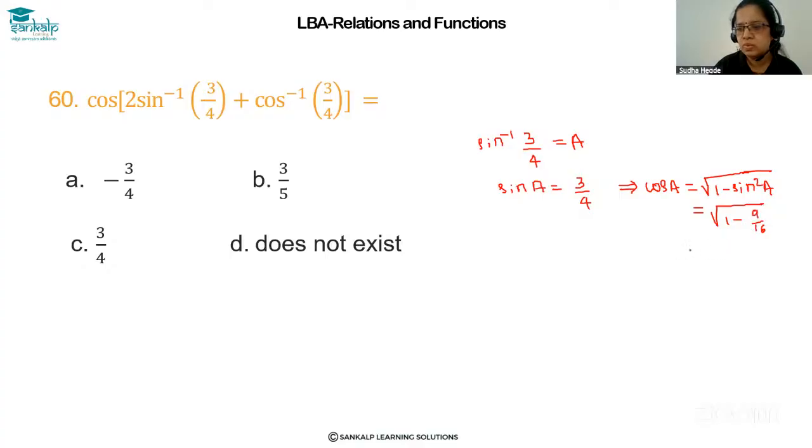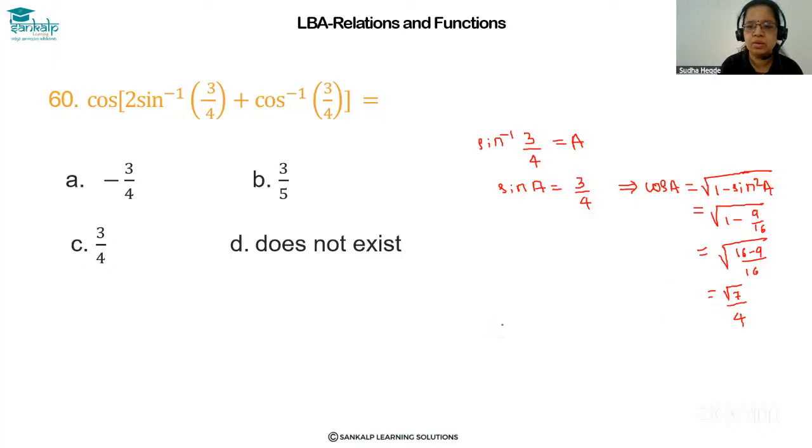Correct? So that is equal to square root of 16 minus 9 by 16. That is root 7 divided by 4.